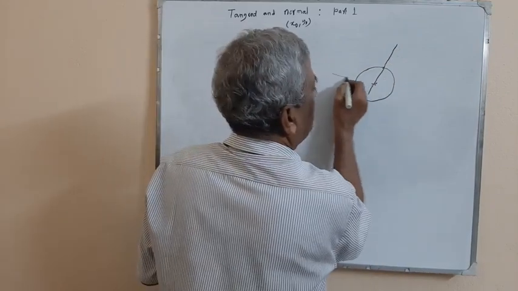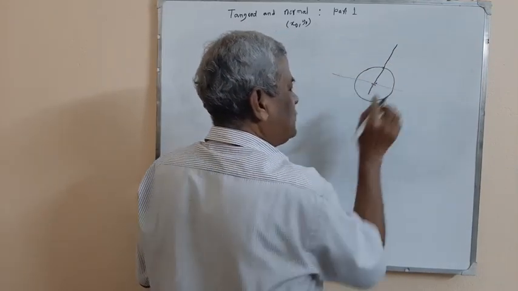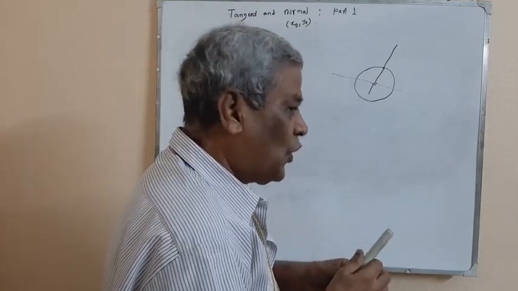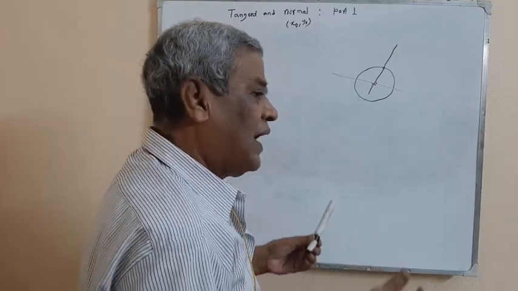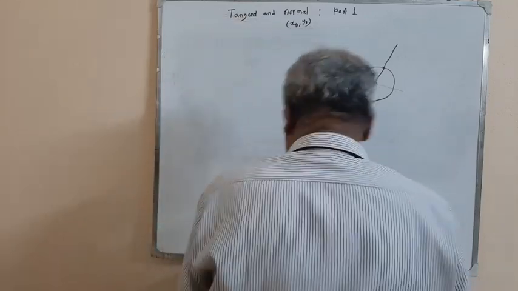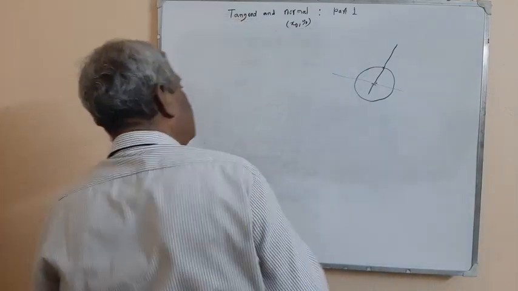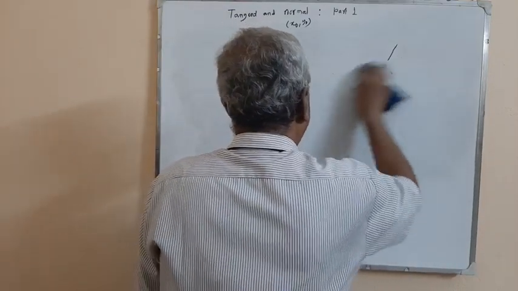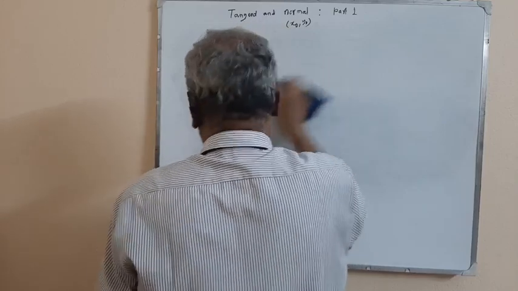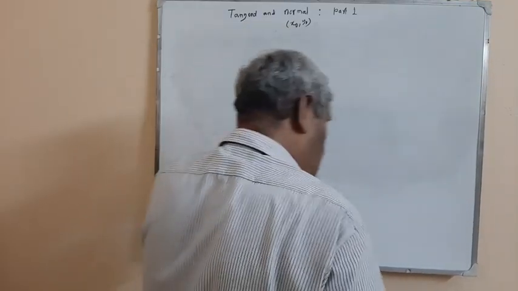From anywhere, it must pass. That property can be used in order to find any unknown quantity given in the problem. Okay, now with that knowledge, let us solve a few problems.